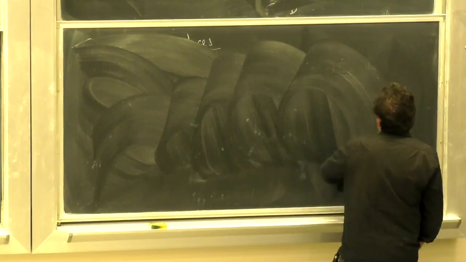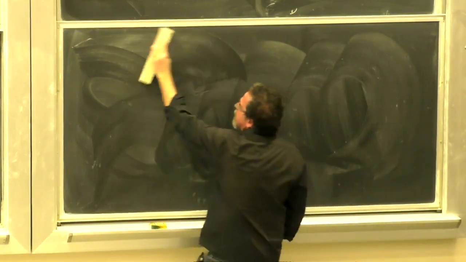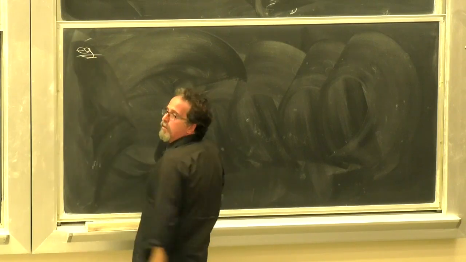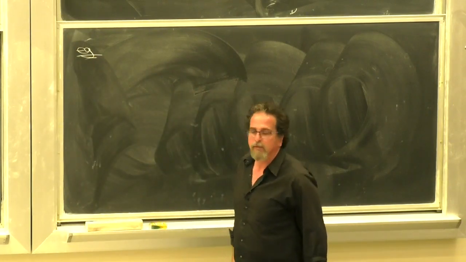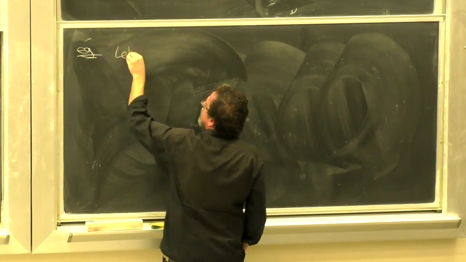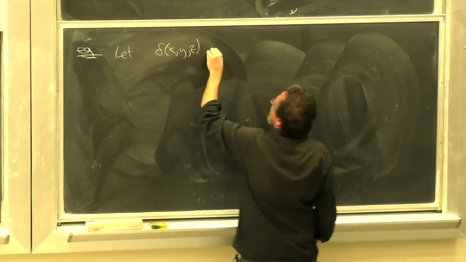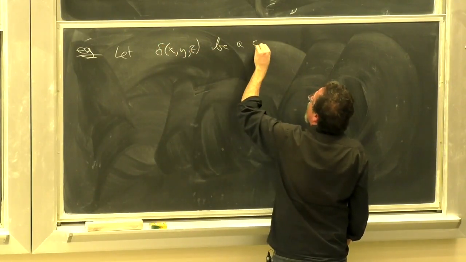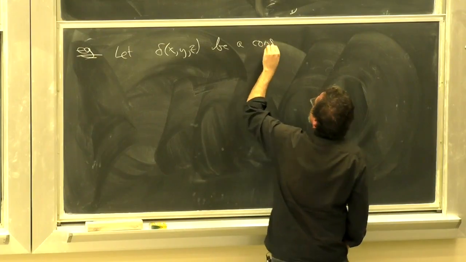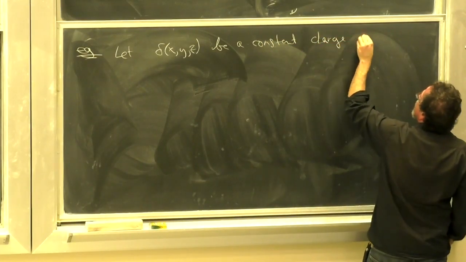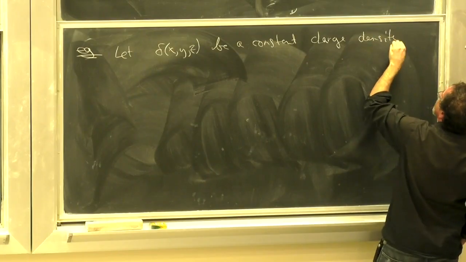And the classic example you get all the time is the following. For example, and I'm going to actually do it. Let me do it. Let delta of x, y, z be a constant charge density sphere.